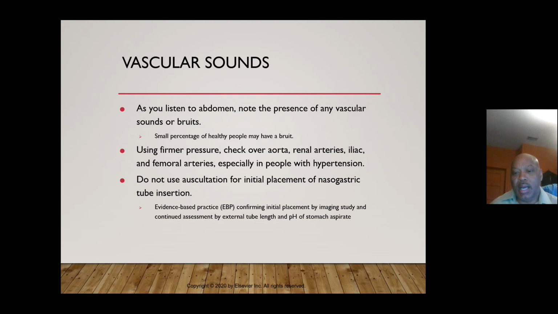Now, if a patient has a systolic bruit and it is a pulsating, blowing sound, these occur because it's kind of stenosed. In other words, there's a narrowing of the artery. There's also a partial occlusion, or it can be an aneurysm of the artery. And that's why I said if a patient is hypertensive, you need to really make sure you keep their pressure well controlled, right?